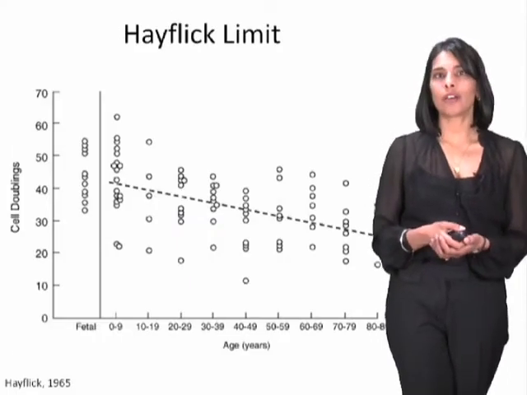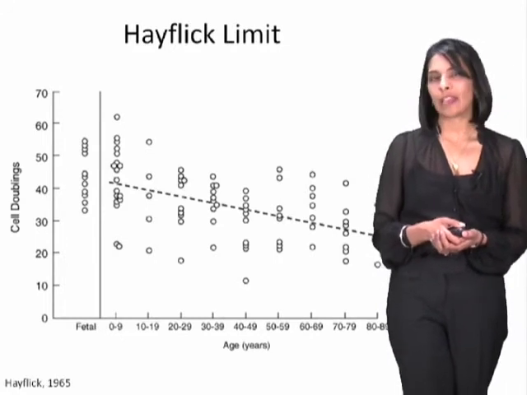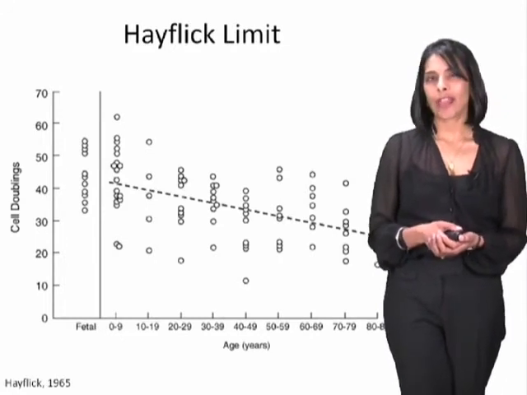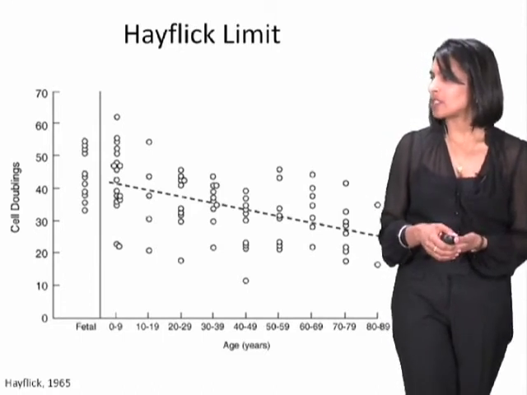One limitation of using somatic cells was first described by a scientist named Hayflick in 1965, and that's known as the Hayflick limit. So what he observed in his experiments was the following.